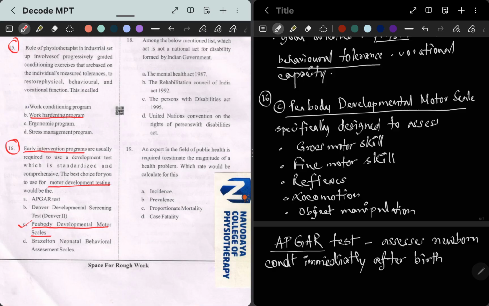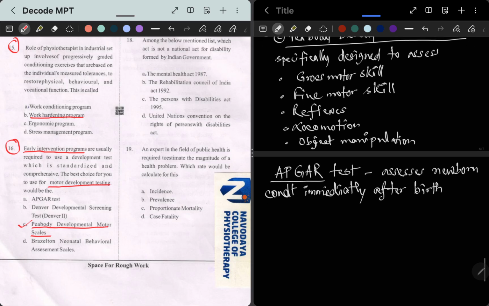It assesses heart rate, respiratory rate, tone, etc. That is not for developmental motor testing.